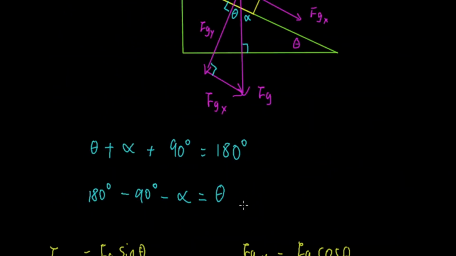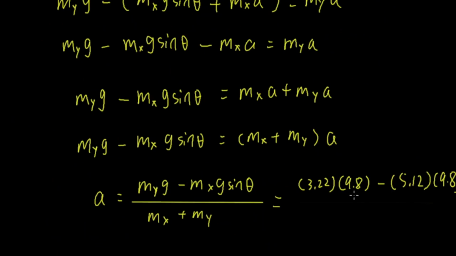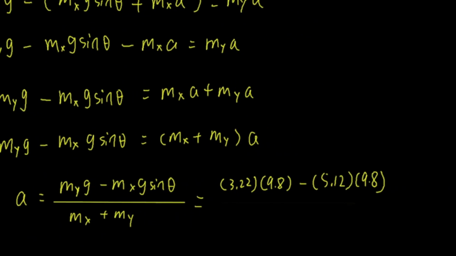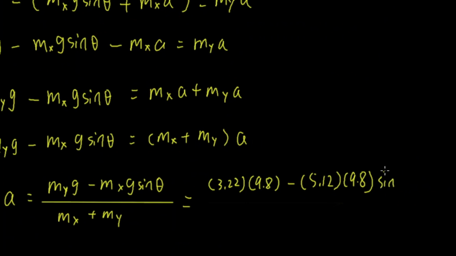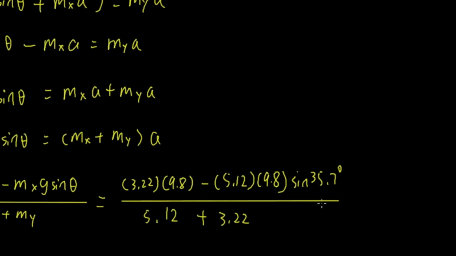And we know that theta here is 35.7 degrees. Sine 35.7 degrees. All divided by mass of x, which is this one here, 5.12, plus mass of y, which is this one here, 3.22. And that will give you the value of 0.273 meters per second squared, because it's acceleration, right?